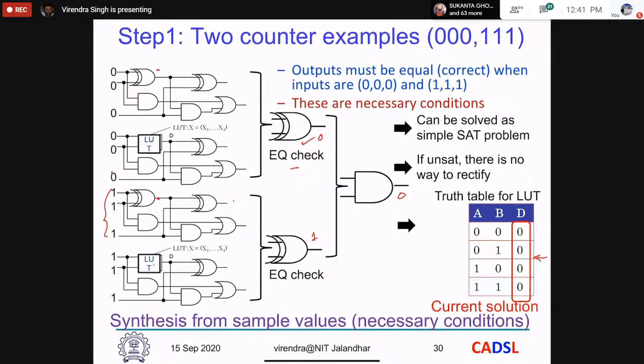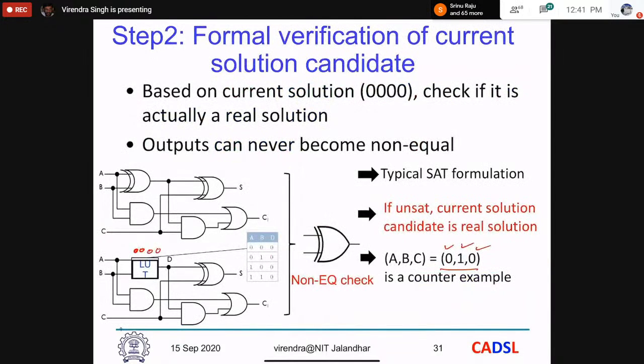So now I have three instances, 1, 2, and the third one. The third one will tell me. So now I say I fix up the input. Here the input is 000, here the input is 111, and then for the third one the input is 010. And my variables are x1, x2, x3, x4.